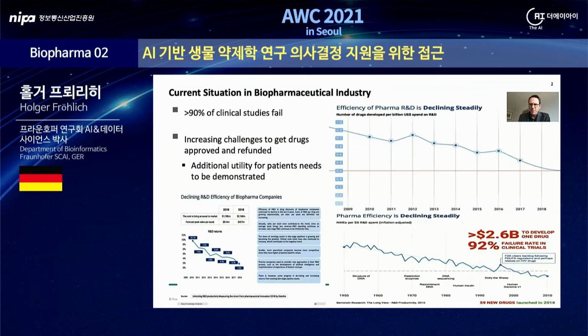Let me start with an overview about the current situation in the biopharmaceutical industry. As you can see from the figure on this slide, the efficacy of pharma R&D is declining continuously over the last decades. Nowadays, more than 90% of clinical studies fail, with corresponding huge economic losses.